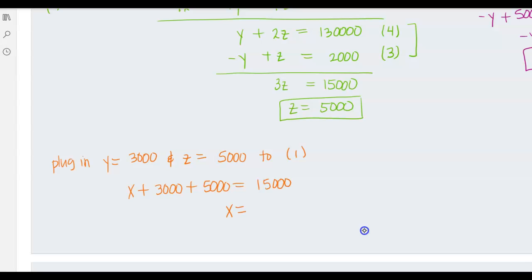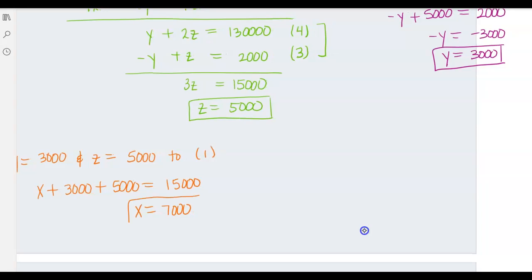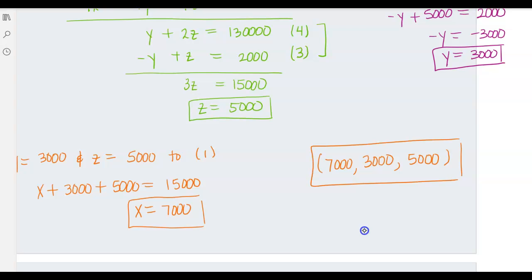And we get that x is 7,000. So our solution is 7,000, 3,000, 5,000. And that's the amount that was invested in each account.